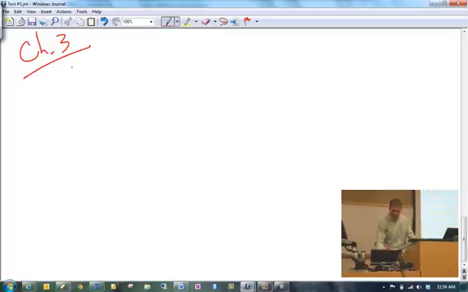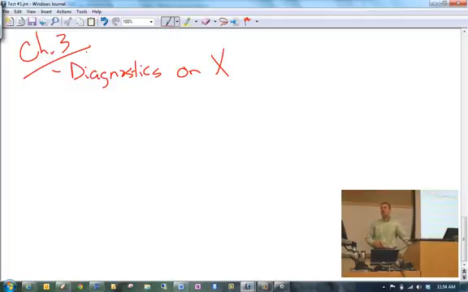Chapter 3. Now we're evaluating our model. The first things that we did were some simple diagnostics regarding X, where we want to make sure that there weren't, let's say, any kind of data entry errors, for example. So we looked at some dot plots and box plots. And then we started getting into the more important stuff. I'm sorry, let's talk about this first.